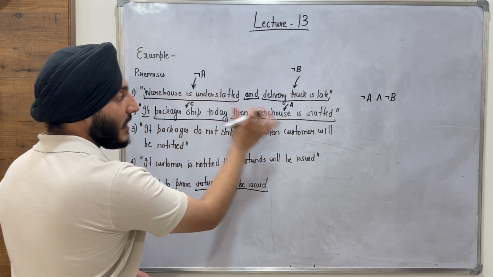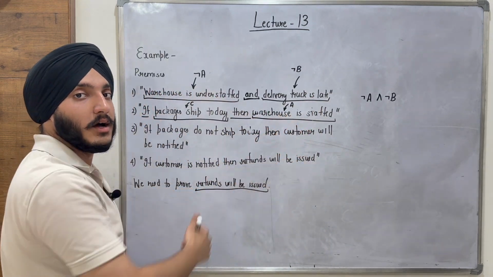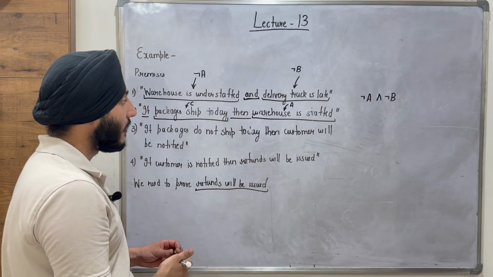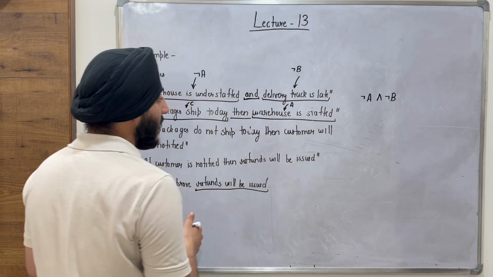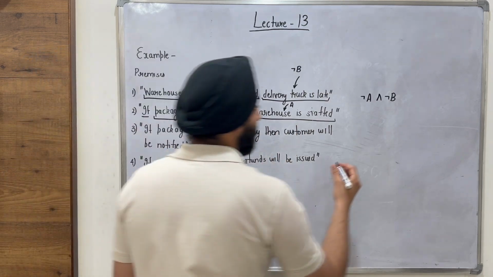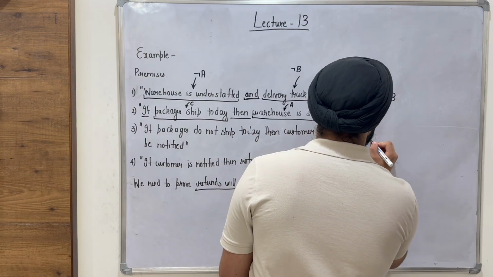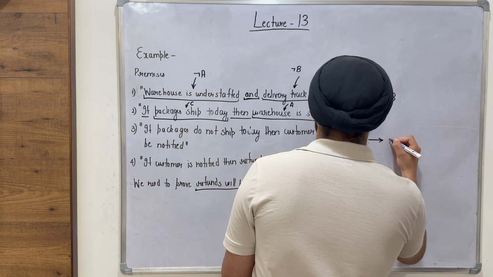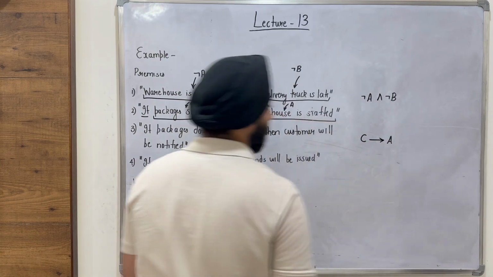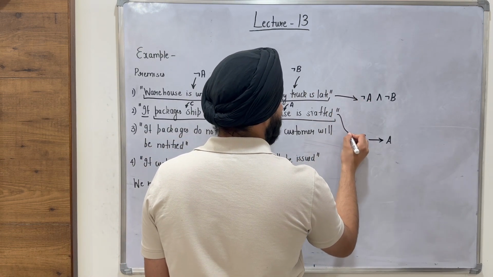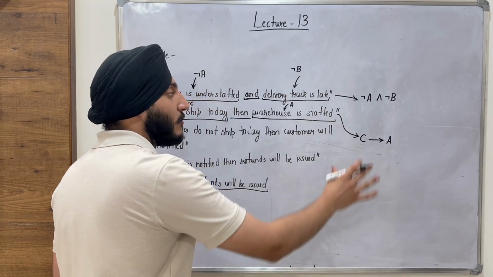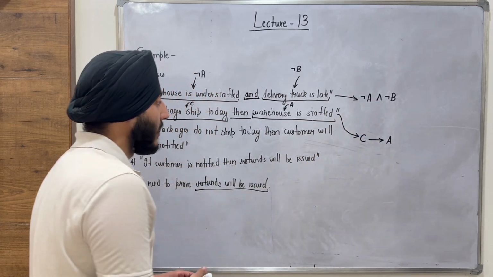These are basically the same propositions, but they are the negations of each other. So if packages ship today, then the warehouse is staffed. How do I represent it? I'll basically say C, then A. I hope that makes sense, right? So I'll try to write down these arrows as well to represent what I'm doing. I'll also explain why I'm leaving this gap in between, right?